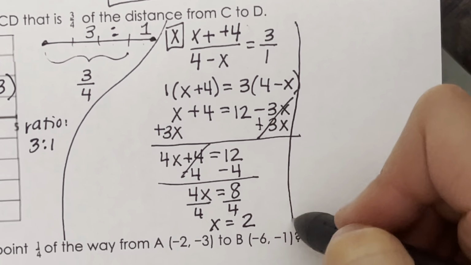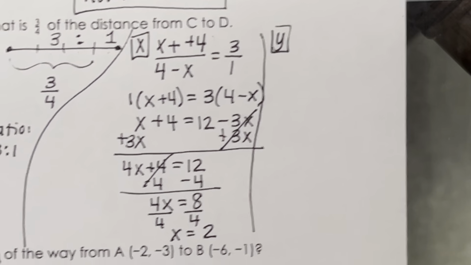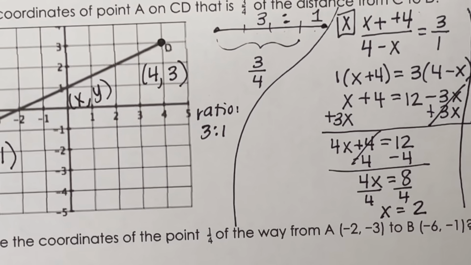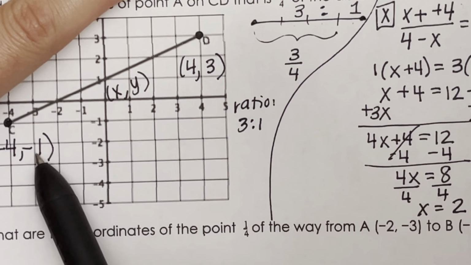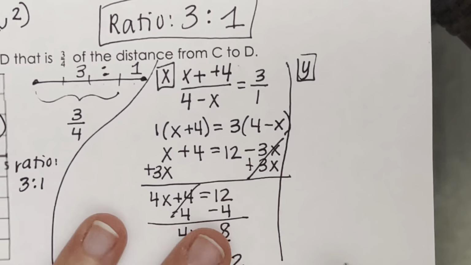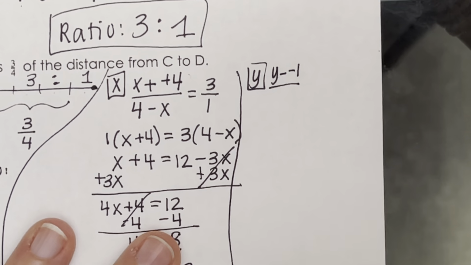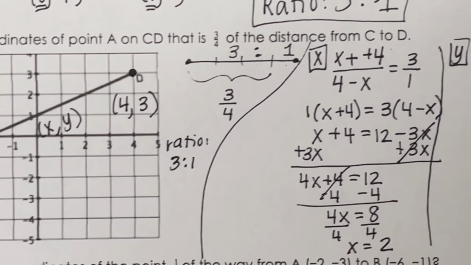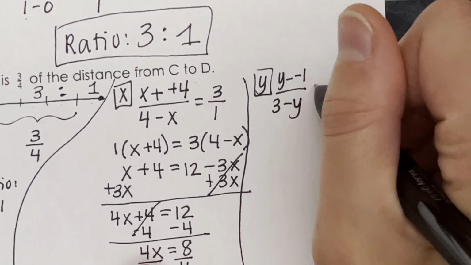Now I'm going to do my y values. Middle minus first, so y minus -1, over last minus middle, 3 minus y, equals my ratio.